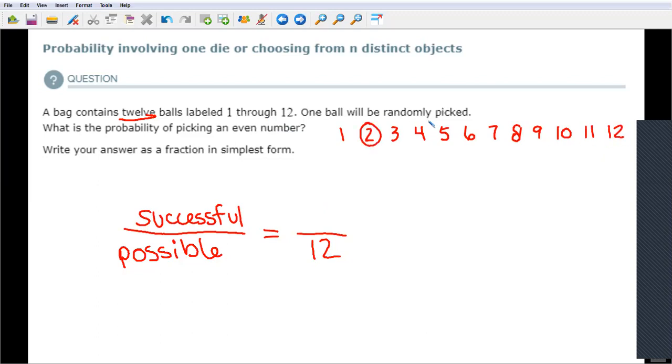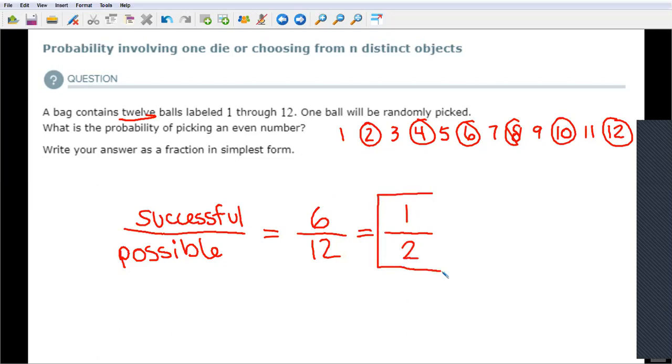So you've got 2, 4, 6, 8, 10, and 12. So out of those possible outcomes, 6 of them would give me an even number. And as you can see, 6 over 12 is a fraction that can be reduced as well. We can reduce that to 1 over 2. So the probability of picking an even number is 1/2.